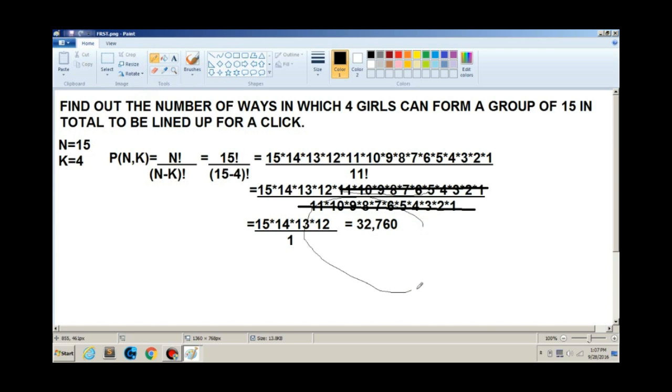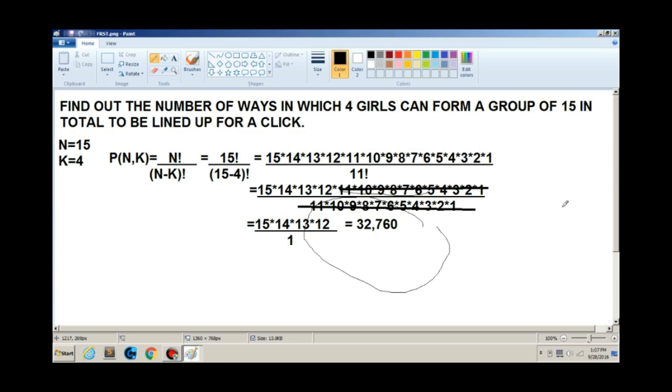The final answer: there are 32,760 ways in which 4 girls can form a group of 15 in total to be lined up for a clique.